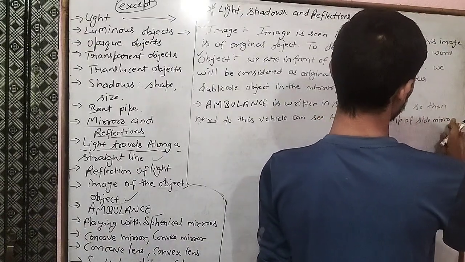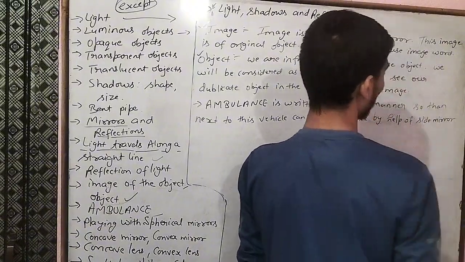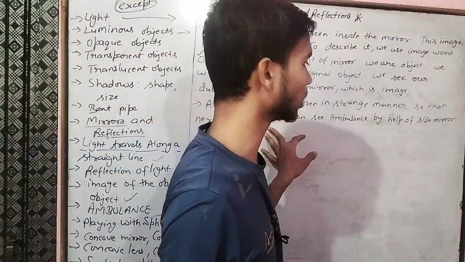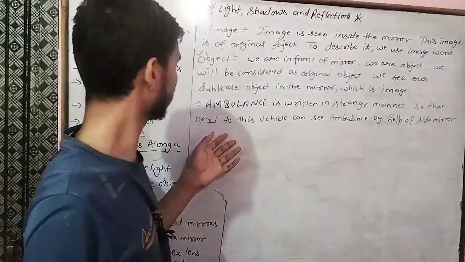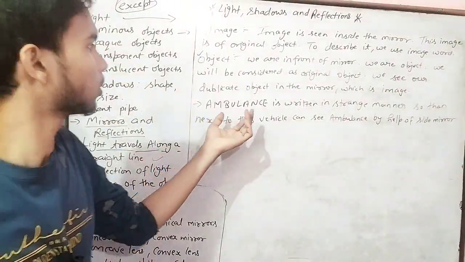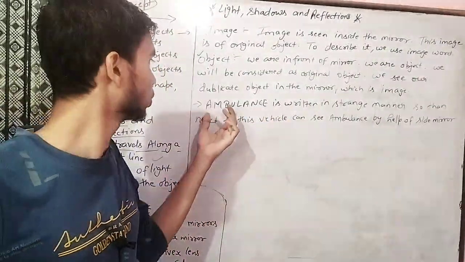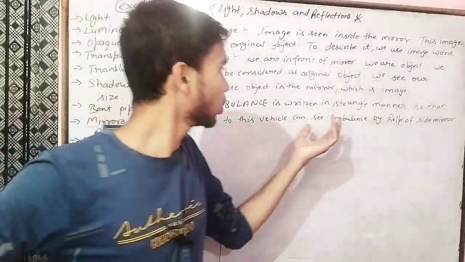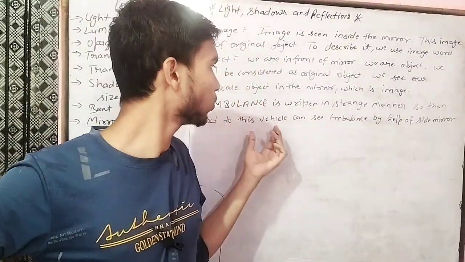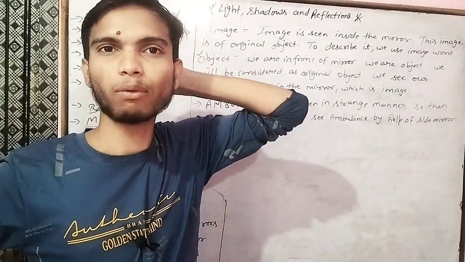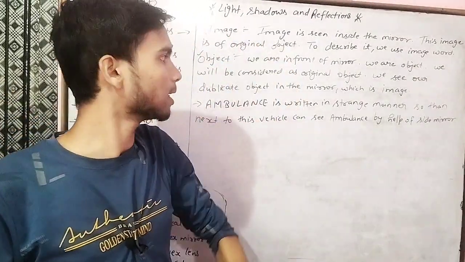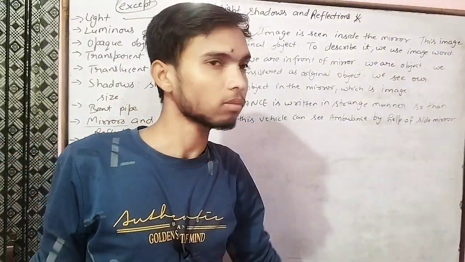The side mirror is a convex mirror. When a vehicle is next to the ambulance, the driver of this vehicle will see the ambulance word, written in a strange manner, in his side mirror.